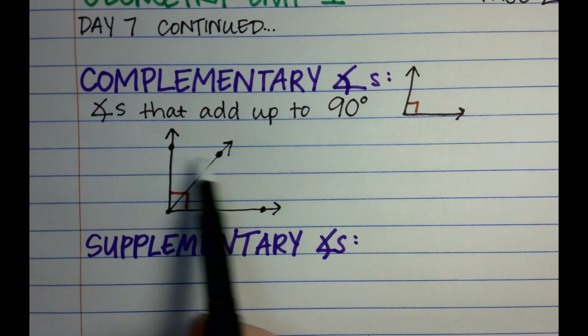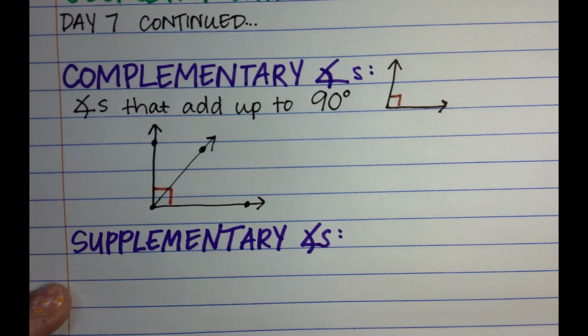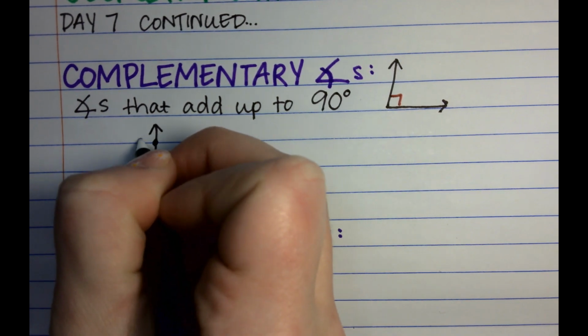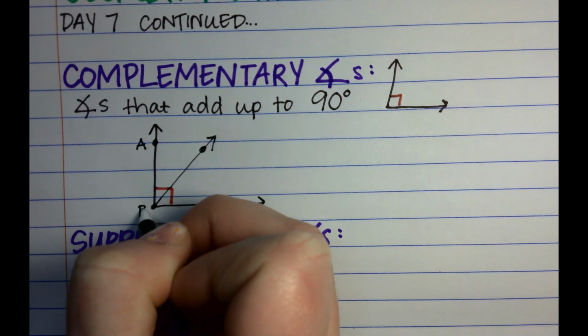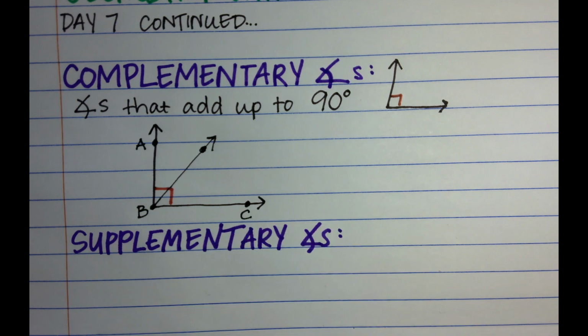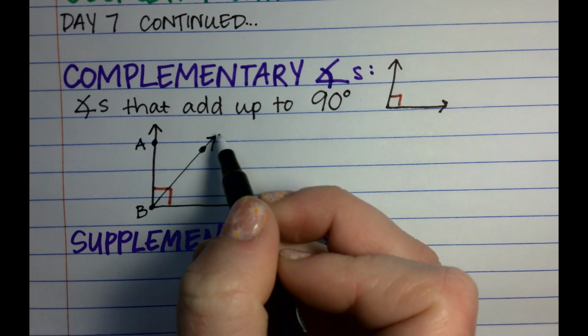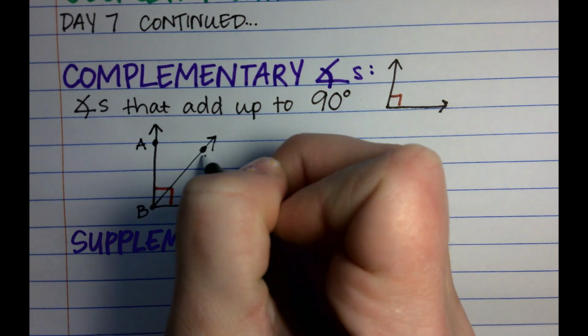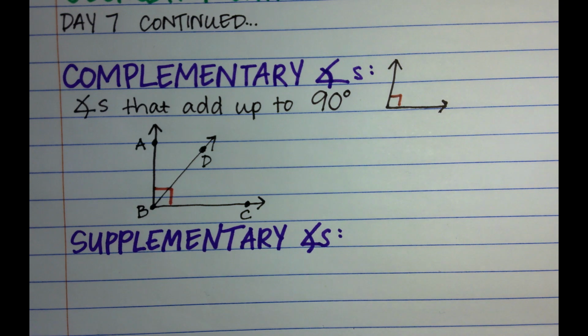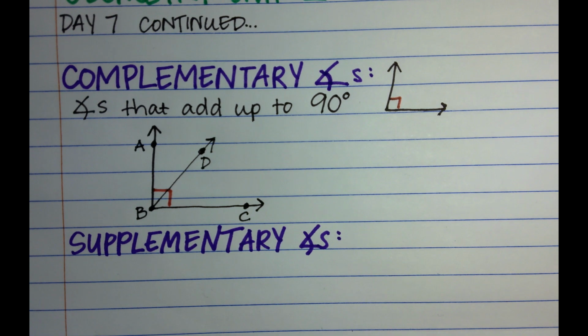So let's give these points names. I'm gonna call this A, B, C, and then the one in the middle shooting out is going to be D. Okay.